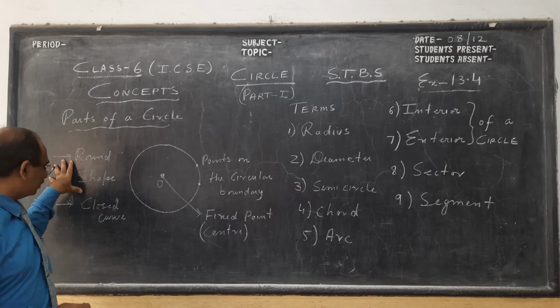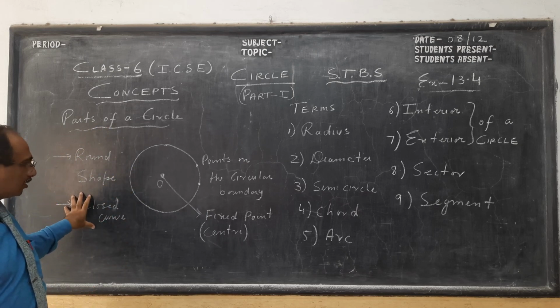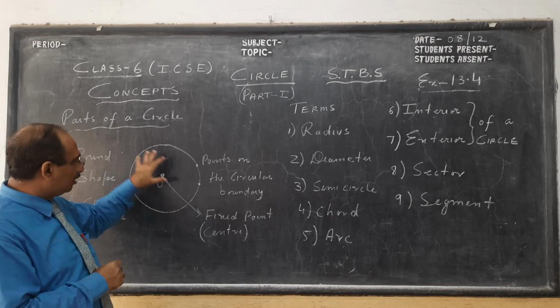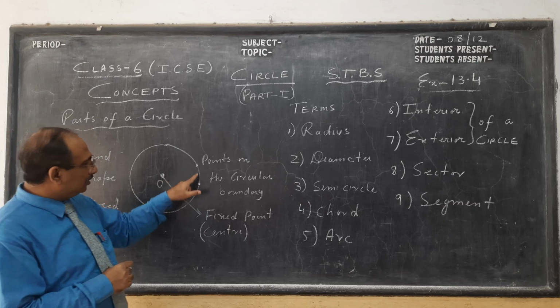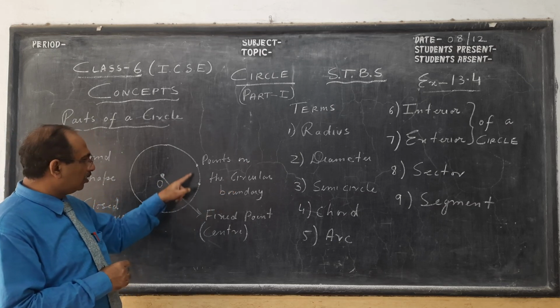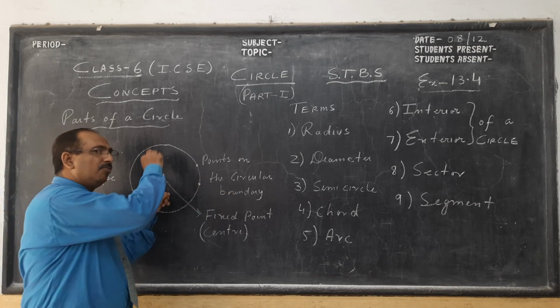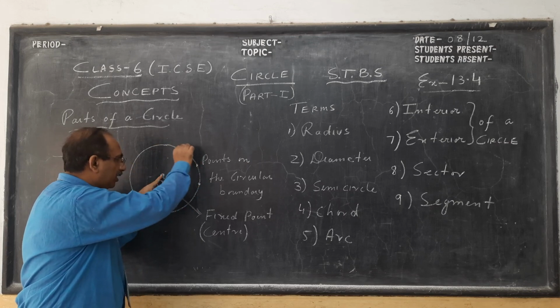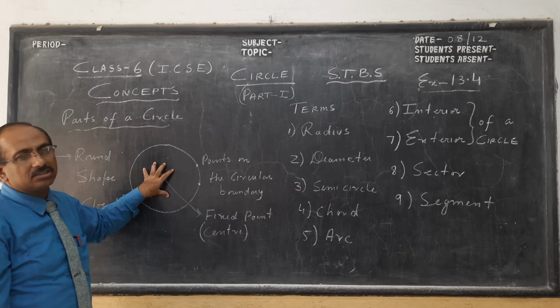So a circle is a round shape, it is a closed curve. It's not a polygon, it's not a straight line, sides or line segment, it's a curve, and these are called points on the circular boundary, and we draw it with a fixed point. You can take a thread, fix it at one point and move the other end, so you get a circle.